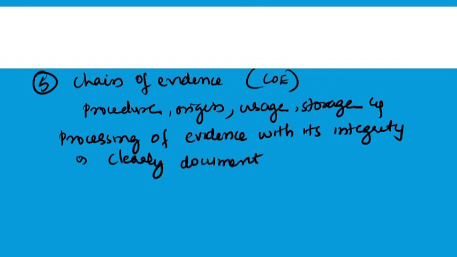So what is the procedure? From where is the origin? What is the usage, where are we storing it, and how are we processing the evidence? Everything should be clearly documented in chain of evidence.